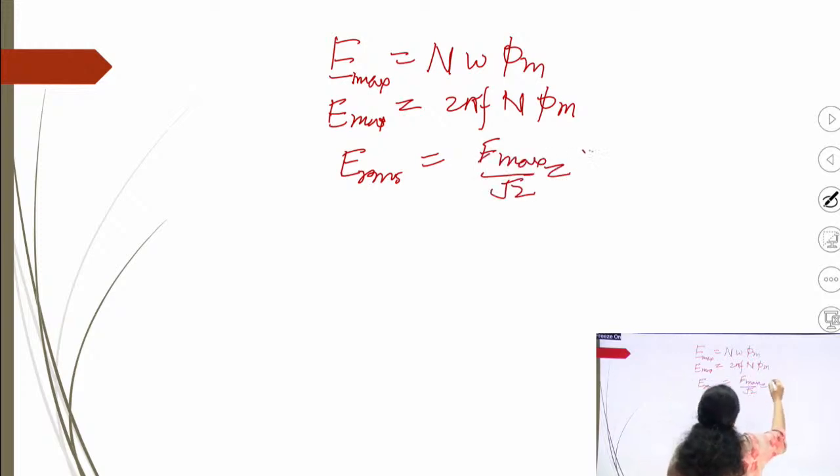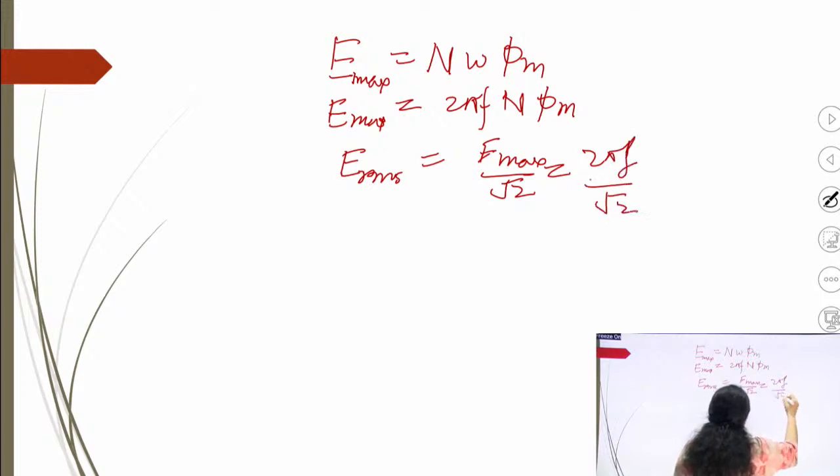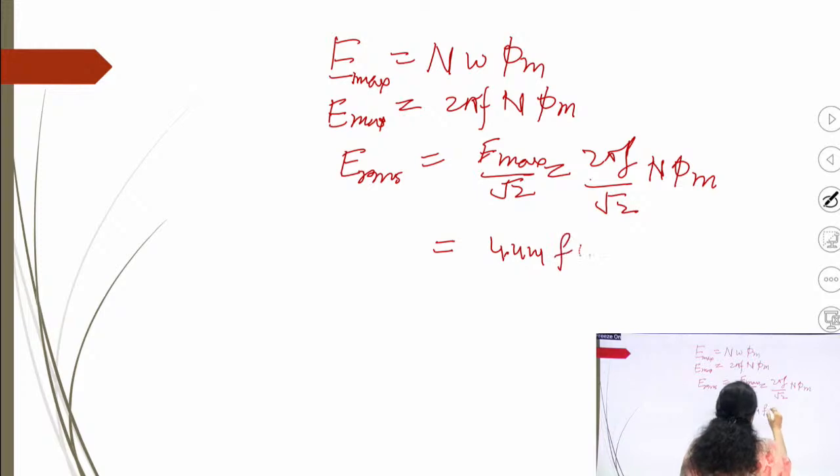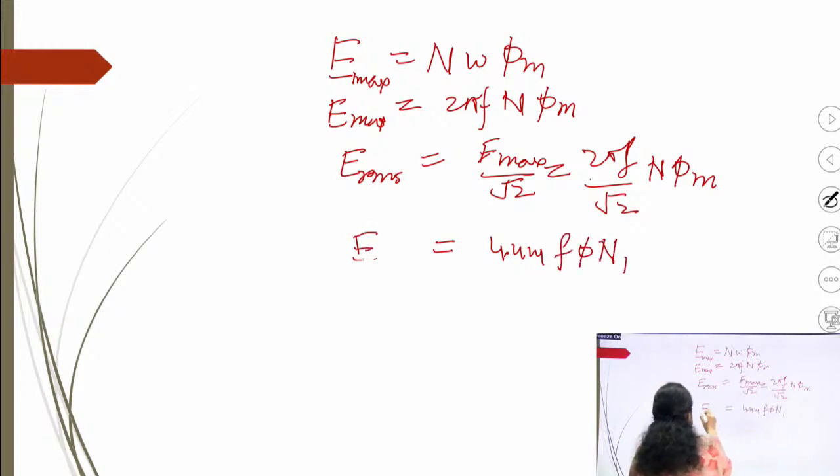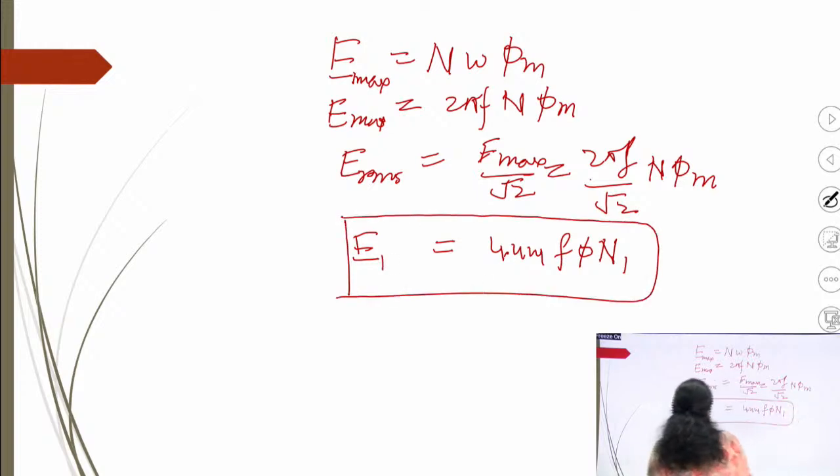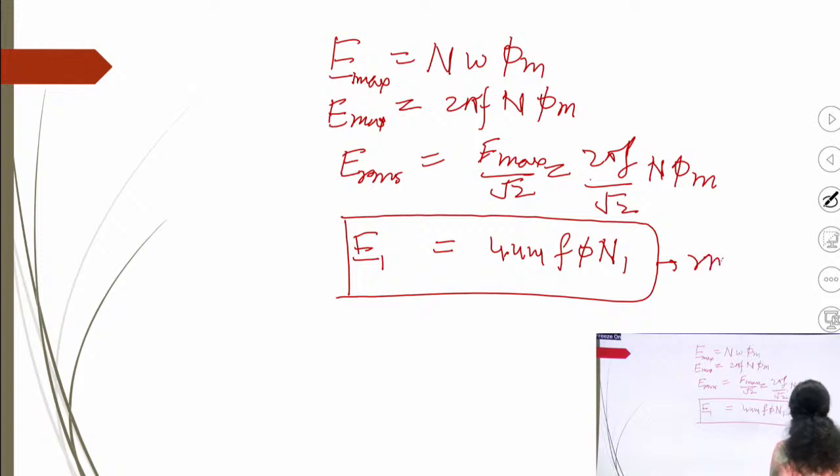So it can be expressed as 2 pi f N phi m by root 2. So it can be written as 4.44. If you solve this 2 pi by root 2, it is 4.44 f phi N1 in the primary. So it is E1, this is the RMS value.